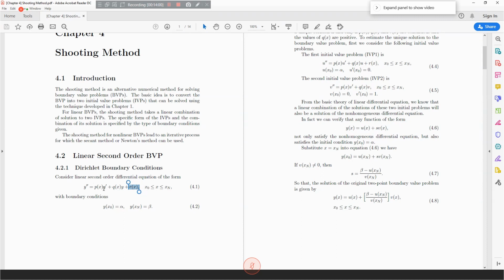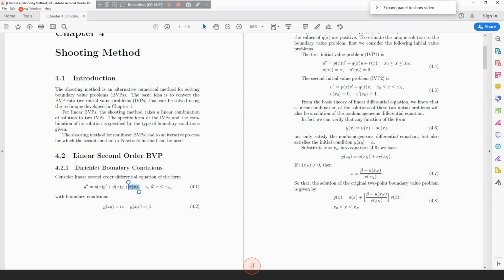Then for the first boundary condition that we discuss here, the Dirichlet, you have y(x naught) and y(x n). There is no prime here. This is already the solution at x naught: the value of y is alpha, in general, and the solution of y at x n is beta. So you do not need to find y(x naught) and y(x n) anymore.